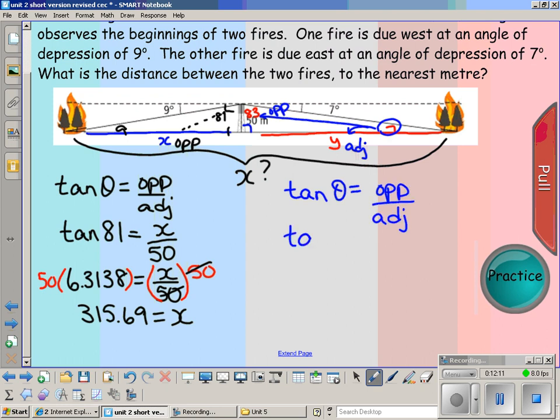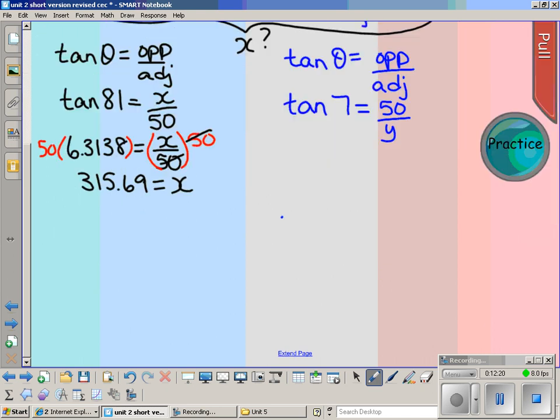So we've got the tan of 7. Our opposite side is 50. Our adjacent side is y. So we need to solve this now. So the tan of 7 is 0.1228 equals 50 over y.